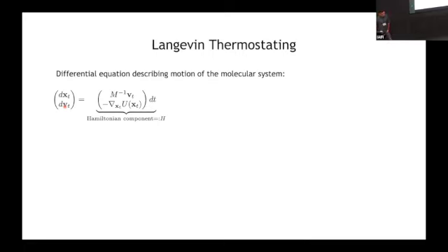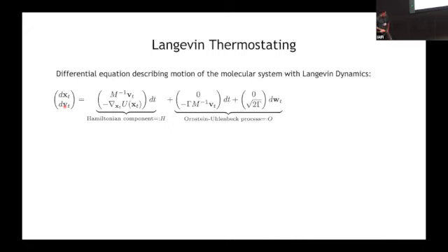So this is just standard dynamics, but if you would just simulate that, you wouldn't actually simulate a canonical ensemble, but rather a microcanonical ensemble from the StatMech perspective. So you add an Ornstein-Uhlenbeck process to the velocity component here, which is just a noise process again. And this is basically Langevin thermostating. Now that you sample your canonical ensemble, you also properly sample a Boltzmann distribution defined by the potential energy function U of x.